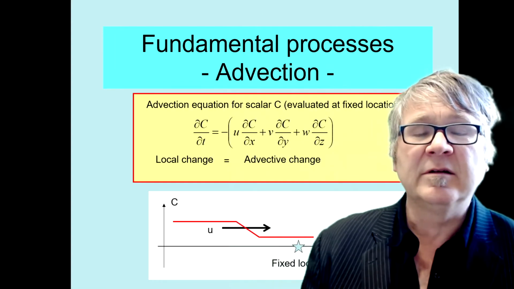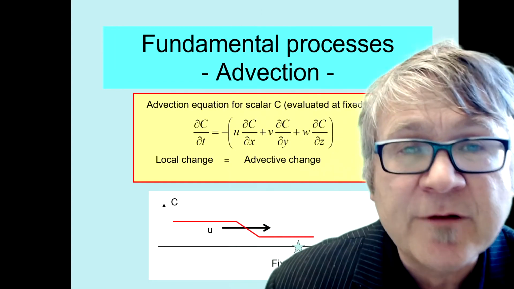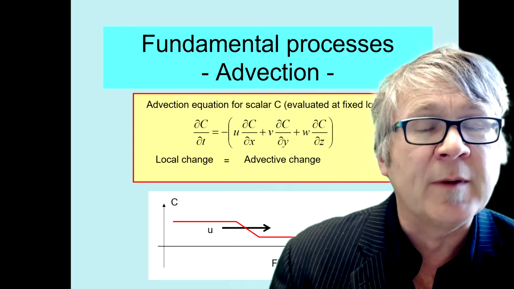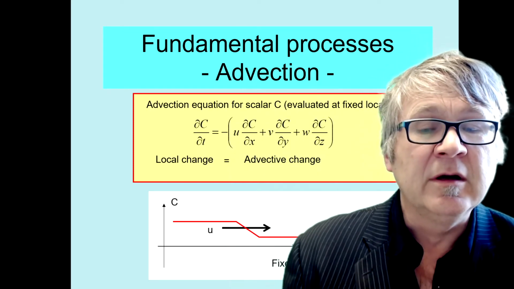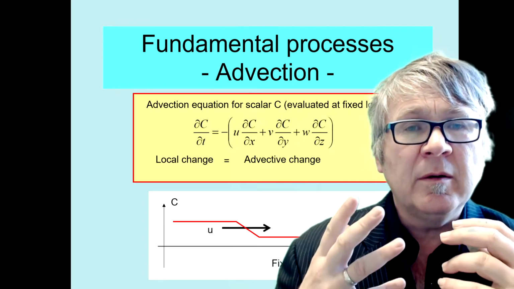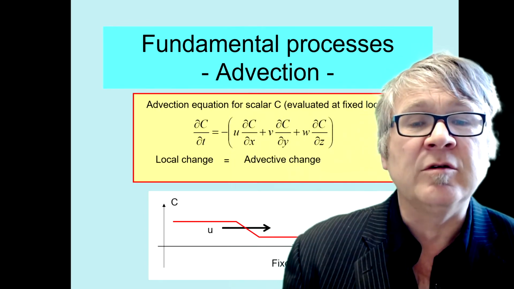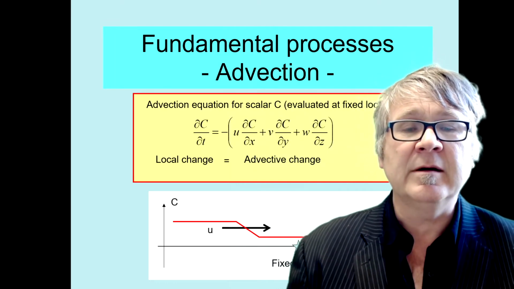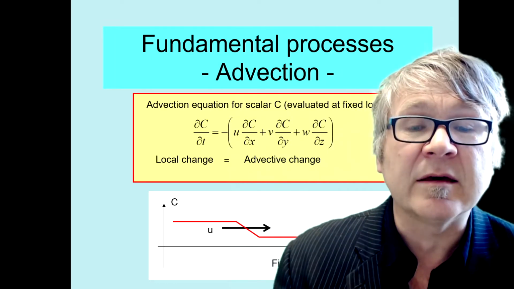At a higher level. So in order to feel a change, an advective change, something induced by a wind or by a current, you need two features together. You need a current and you need a gradient. And this is how it looks like.